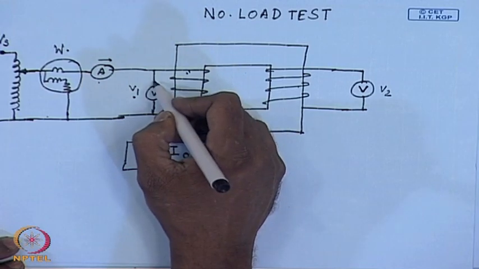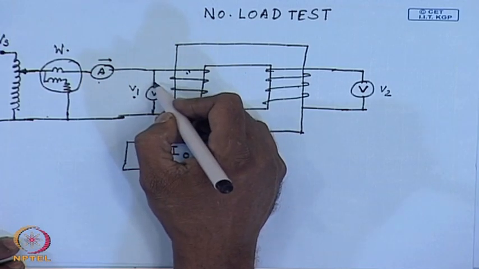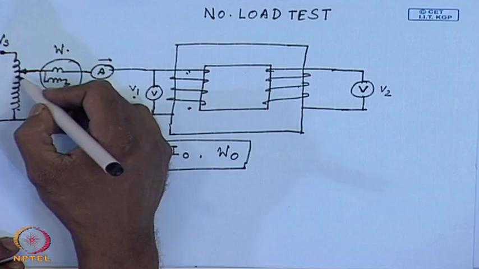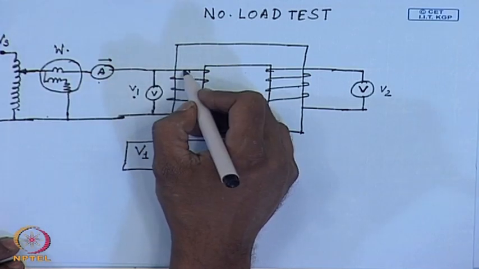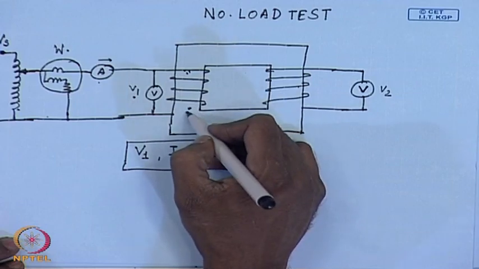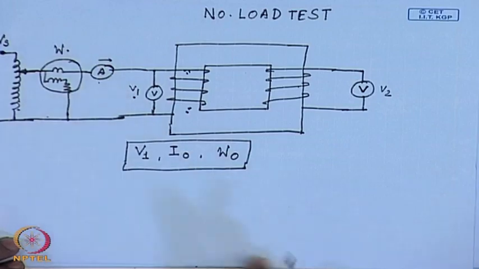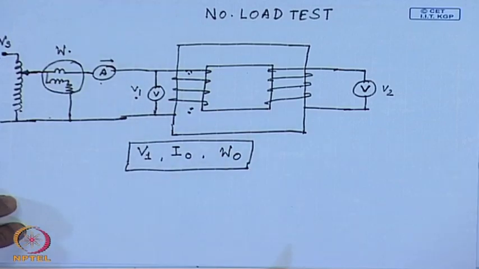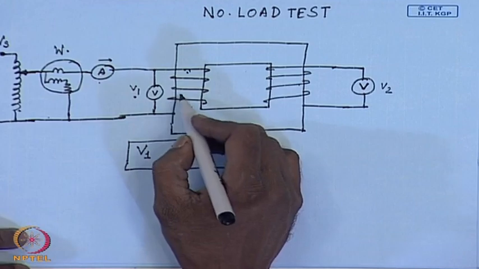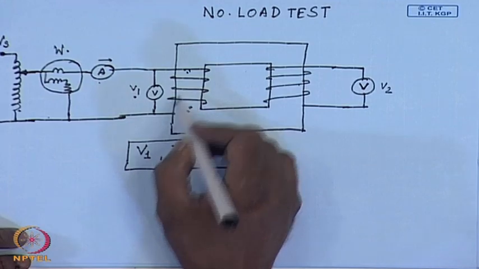So, if this is the HV side, then I will need a variac which can apply the rated high voltage across this transformer, and for high voltages this may be really large, in kilovolts. That is one problem. The meters should also be rated at the high voltage winding rating of the transformer.